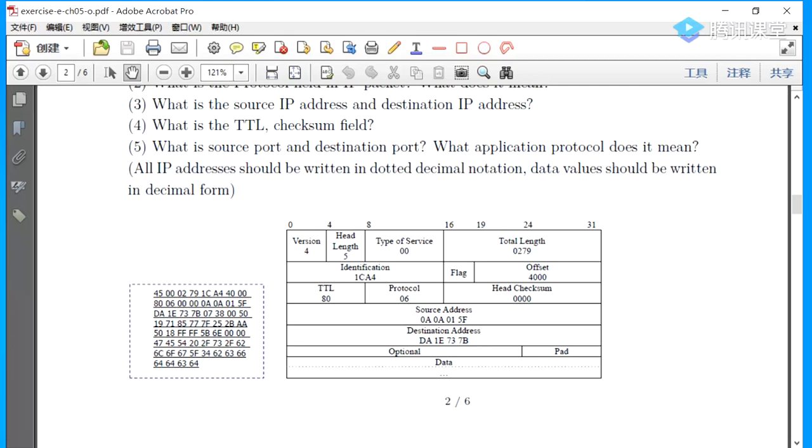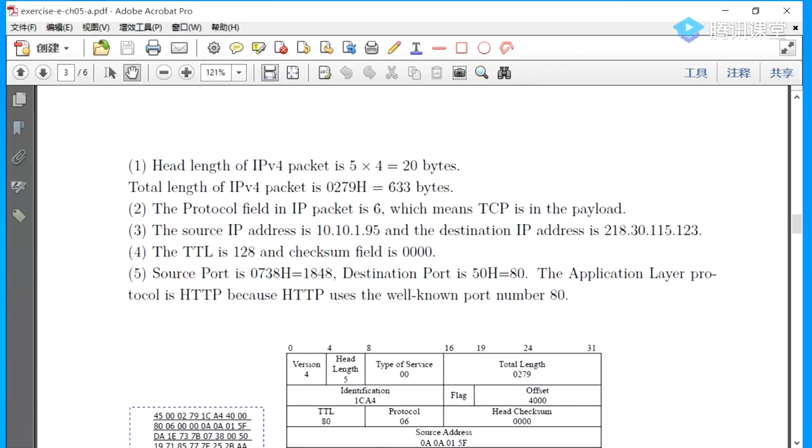So the source address and destination address we can get: 10.10.1.95, and the destination IP address is 218.30.115.123.